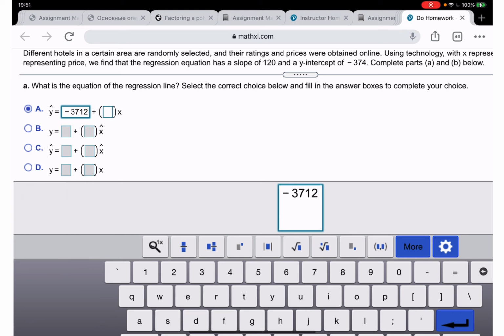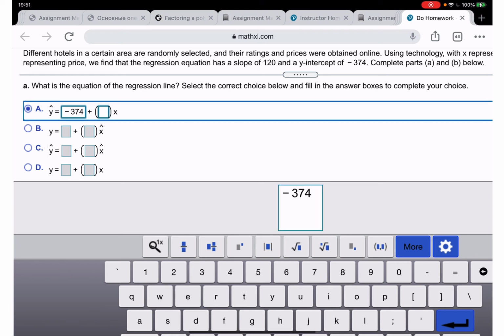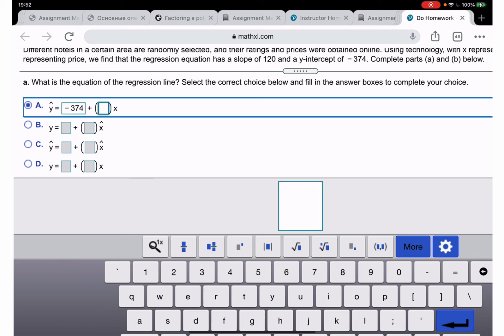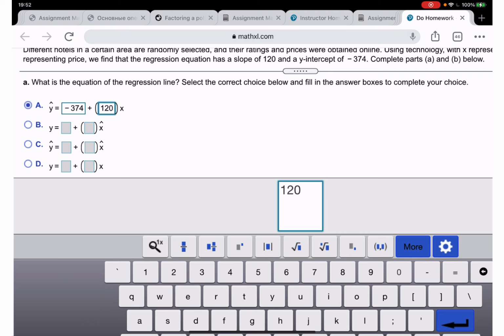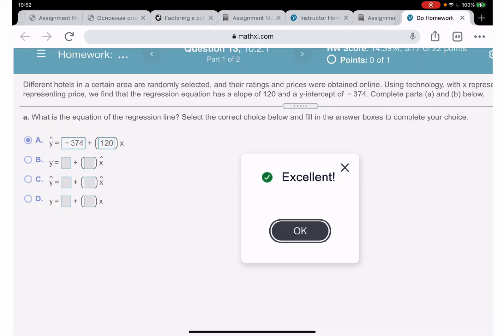This is for whoever remembers algebra well. Okay, now we're moving here. It's 120. Fantastic. Okay, moving to the next one.